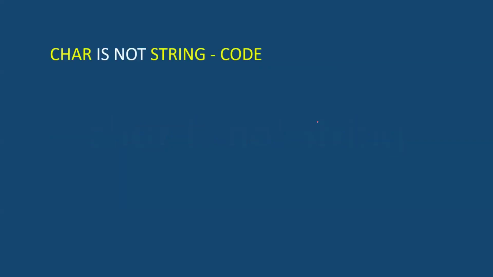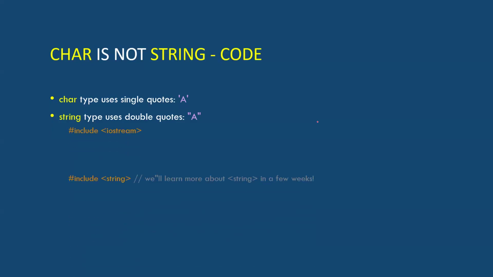Now, a little gotcha in C++: characters are not strings. So a single quote goes in a character array, a character data type. A double quote goes in a string data type. If you try to mix and match these, you could crash your program or create corrupted data. Okay.